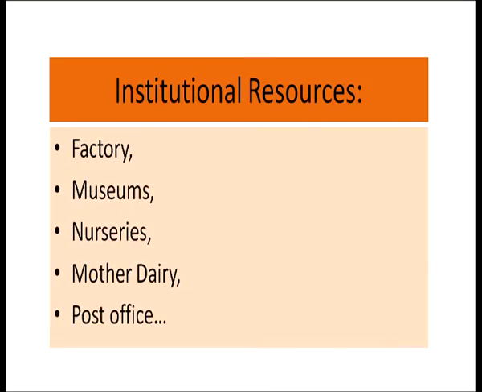Next category is institutional resources. Institutional resources include factory, museum, nurseries, mother dairy, post office or any other thing which is near your school or within the district of the school. Now, see how a factory or museum or nursery or mother dairy or post office becomes a resource.